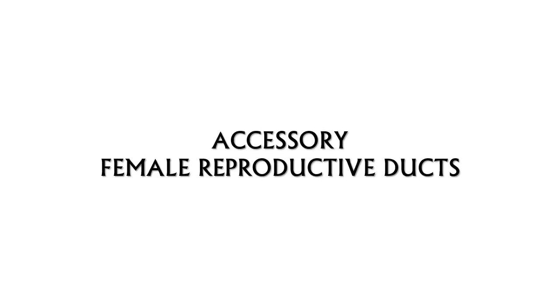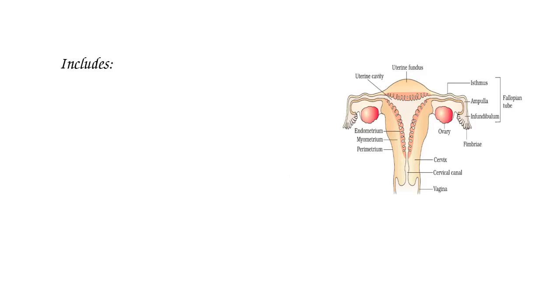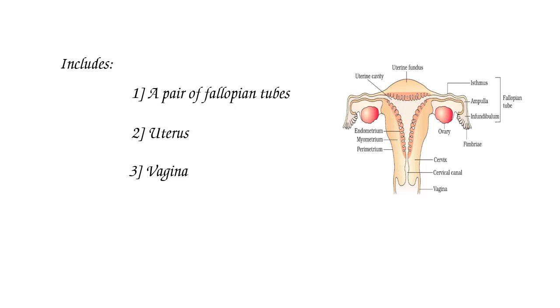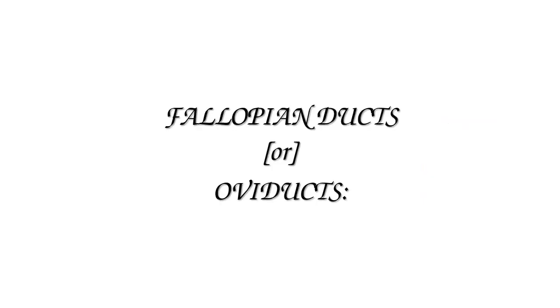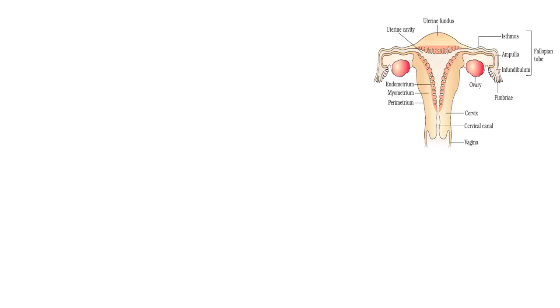Accessory female reproductive ducts. Accessory female reproductive ducts include a pair of fallopian tubes, uterus, and vagina. Fallopian ducts or oviducts.